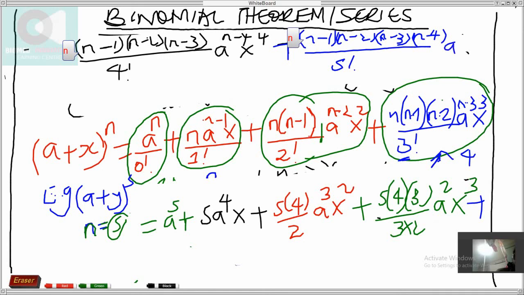Then we have a raised to 0, x raised to 5.